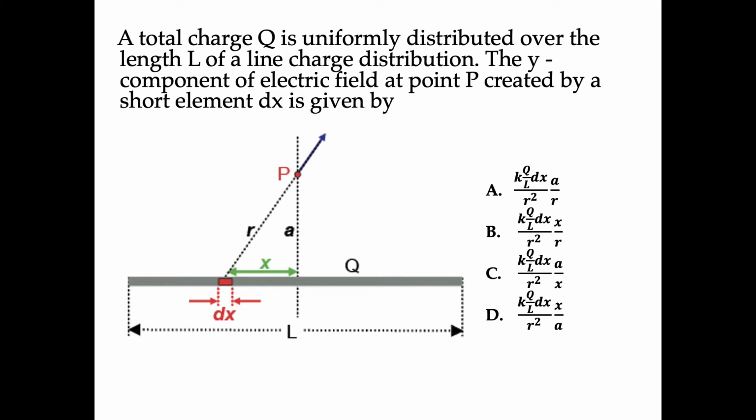You want your dE for that small portion of the rod. So you want to quickly set up the expression for determining dE for that small portion of the rod at point P. So go ahead and make your choices. As you're choosing, I'm going to try to draw a picture of the system on the board.